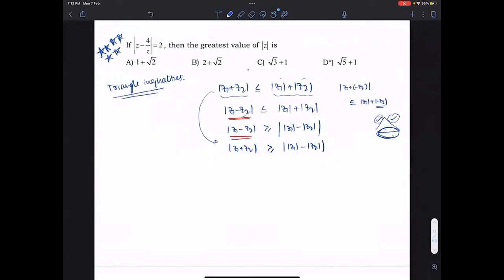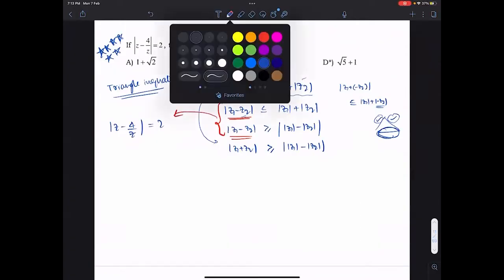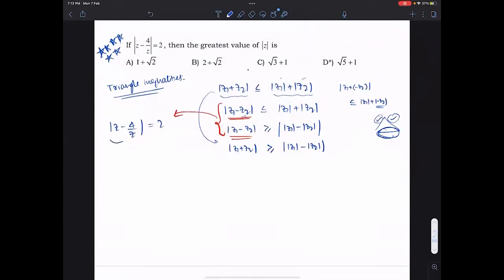Now coming to this question: mod of Z minus 4 by Z is equal to 2. Which two inequalities are we going to use? These two. Mod of Z1 minus Z2, which here is 2, is always less than or equal to mod Z minus mod 4 by Z, with a modulus over it.